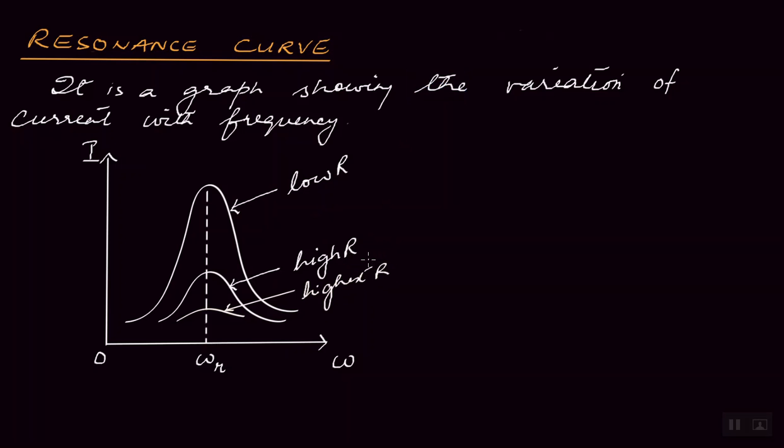You understand? So the more the curve rises like this, it means that it is sharper. So from here, the lower the value of R, the sharper the curve will be. And the sharpness of this curve is determined by a coefficient called the quality factor or the Q factor.